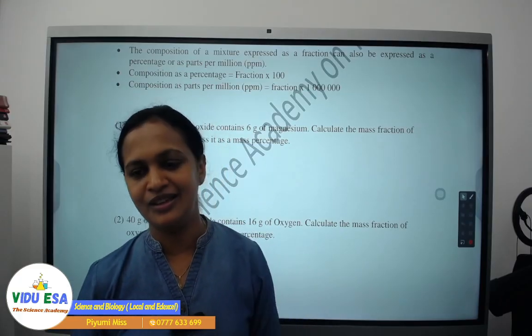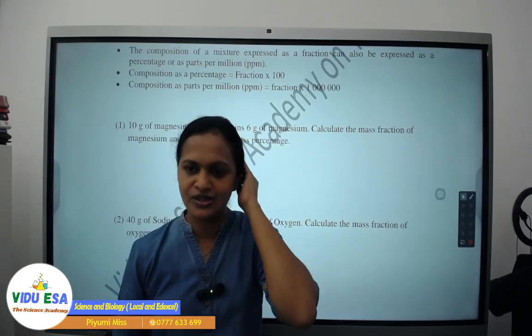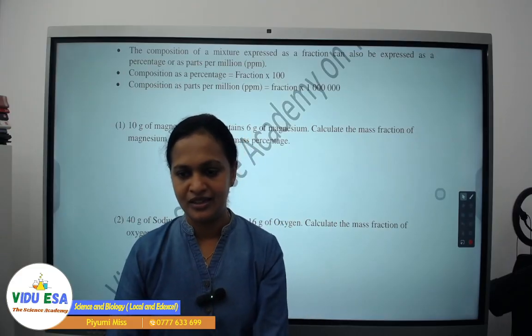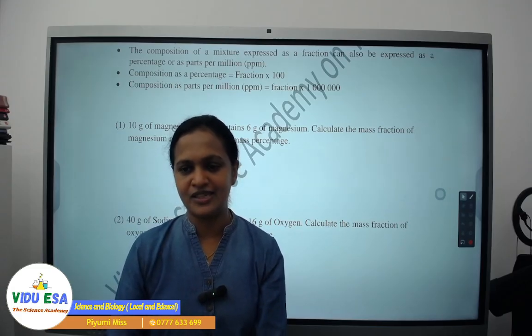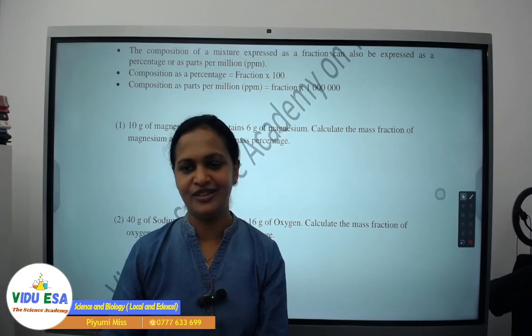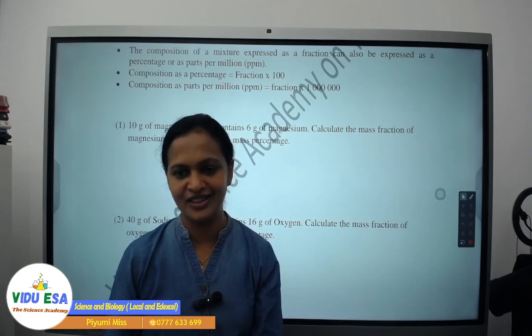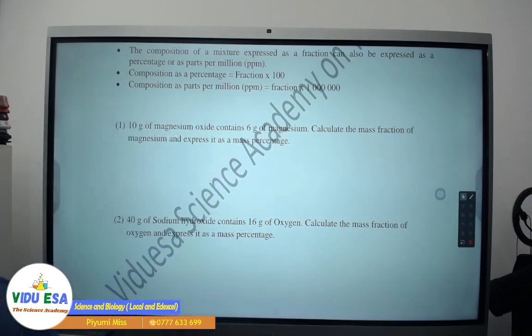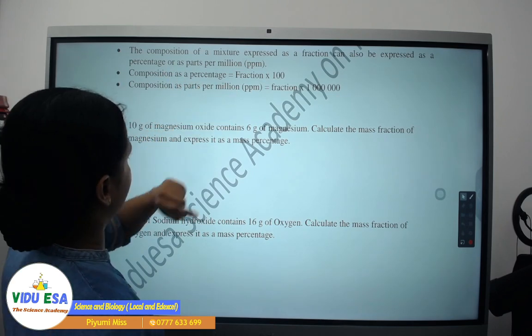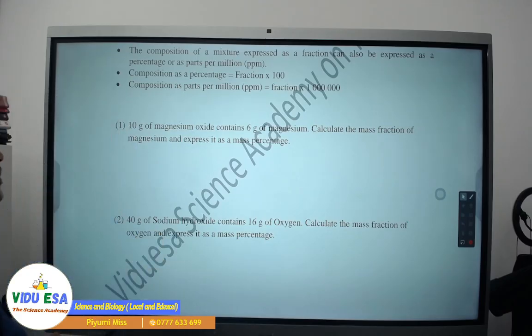You know, when you are calculating your marks also you do that, right? If you get 16 out of 20, you can convert it into 100. That is as a percentage, right? As a percentage. Okay. So composition as a percentage: fraction into 100.